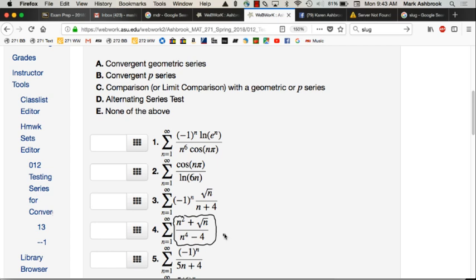Those are both contributing to making that whole fraction bigger, right? So 1 over n squared we know is convergent, but we have something bigger than a convergent series. Conclusion? Who knows, right? By direct comparison, you can't make a conclusion, because you have something bigger than 1 over n squared.